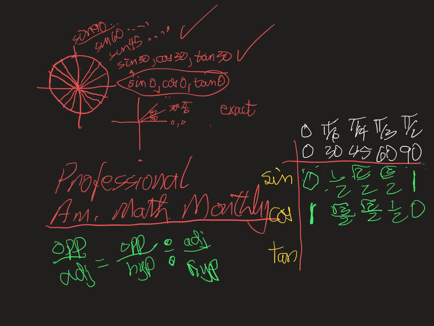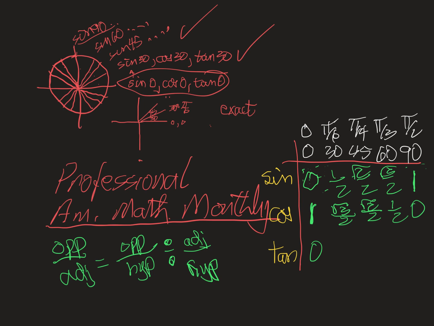Numerically. Go ahead, work it out. Division. So all I have to do is think of the top row as the numerator and the bottom row as the denominator. 0 over 1 is 0.